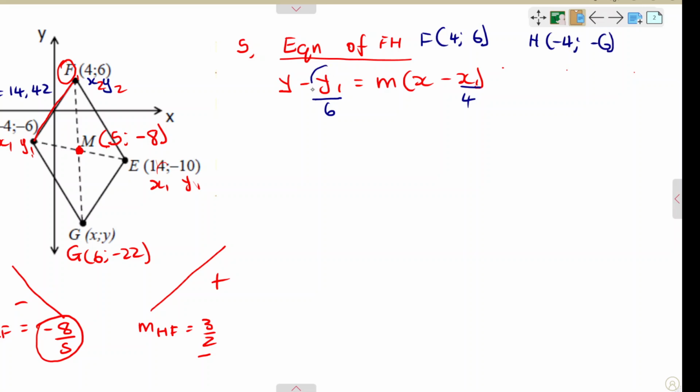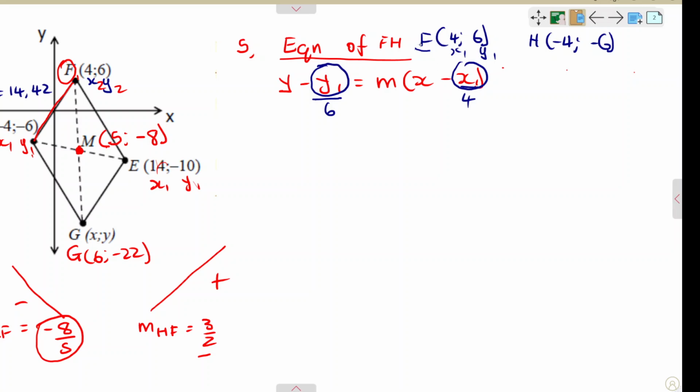If we take F, this will be the x1 and this will be the y1. So this y1 is the y coordinate of F, which is 6. This x1 will be the x coordinate of F, which is 4.